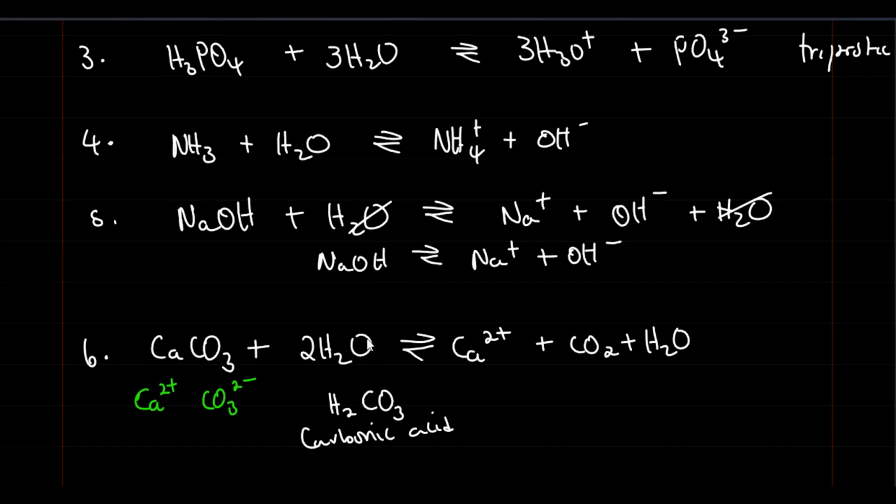After these 2 hydrogens have been donated to form this carbonic acid, we will have 2 OH minuses left. Okay, so now this is the equation that we will have.